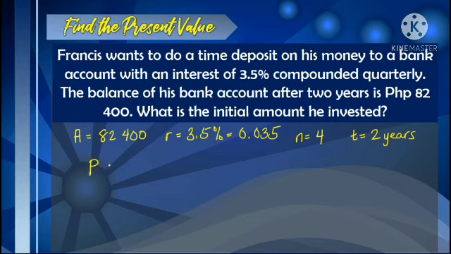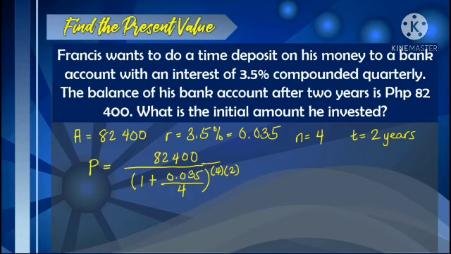Okay, so following our formula, we have principal amount P is equal to our A, which is our maturity value, equivalent to 82,400 pesos, divided by 1 plus our rate, which is in decimal, 0.035 divided by n, which is 4 because it is compounded quarterly, raised to nt, which is 4 times 2 years.